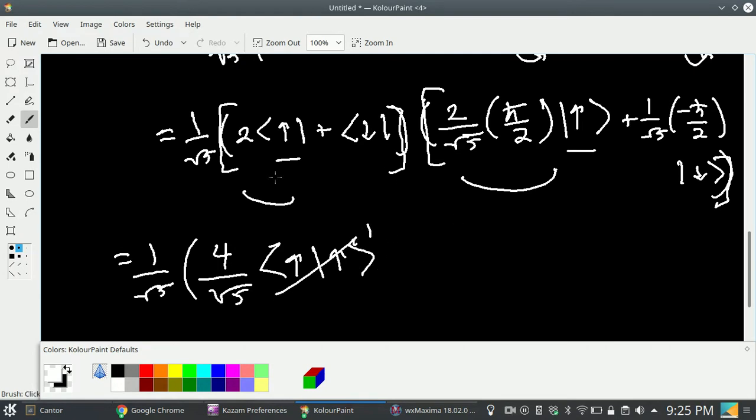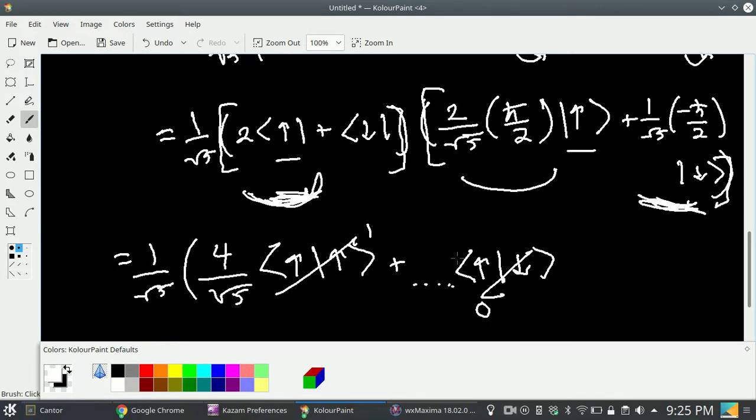Now let's take the outside, this guy and this guy. But this is a spin negative 1/2 ket and a spin positive 1/2 bra, so this is going to be plus whatever times an up bra and down ket, but that's just 0. So we don't have to even compute that.